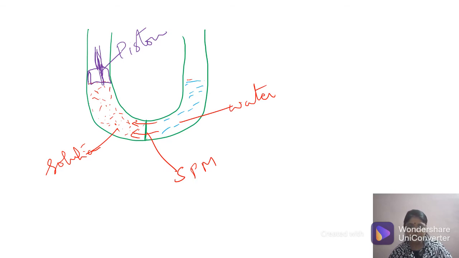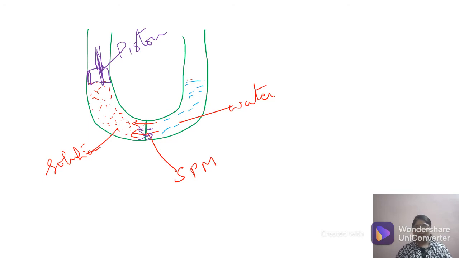I exert a pressure here, so that at that pressure the further movement of water stops. When it comes into equilibrium, there will be no net movement of water molecules, but there will be constant exchange of water molecules. So the amount of water molecules moving here will become equal to here.